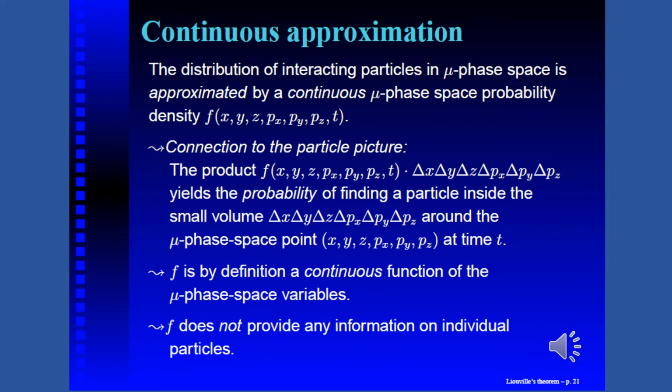Continuous approximation: the distribution of interacting particles in mu phase space is approximated by a continuous mu phase space probability density function f of x, y, z, px, py, pz, and t.